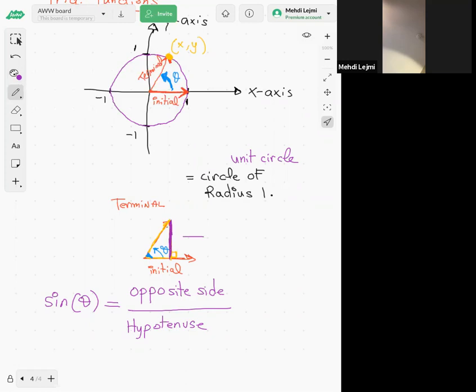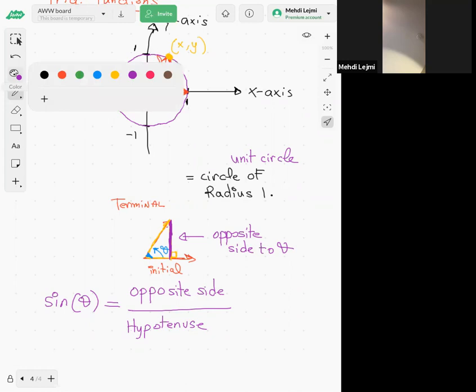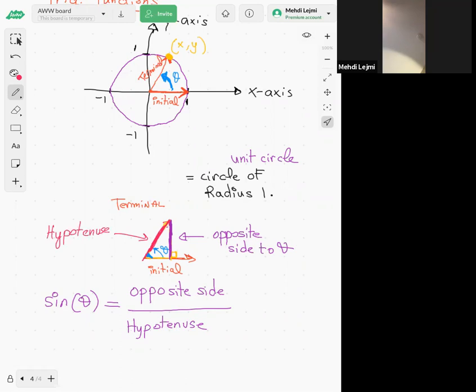And the hypotenuse of my right triangle would be this side here. That will be the hypotenuse. So by definition, the sine of theta is the opposite side over the hypotenuse.